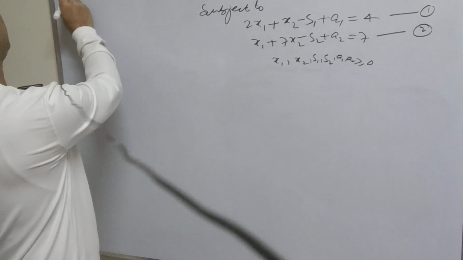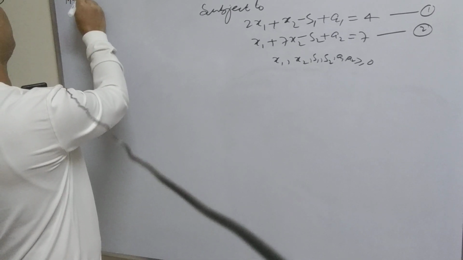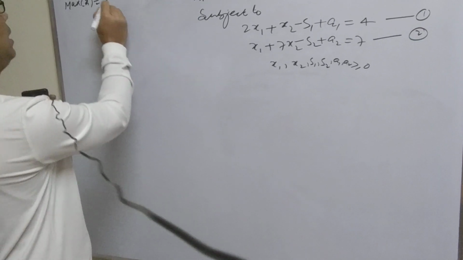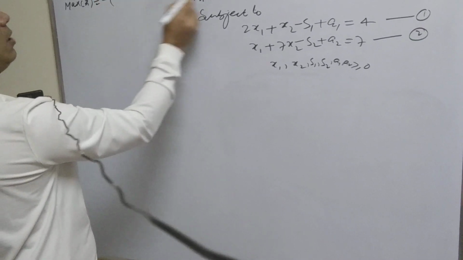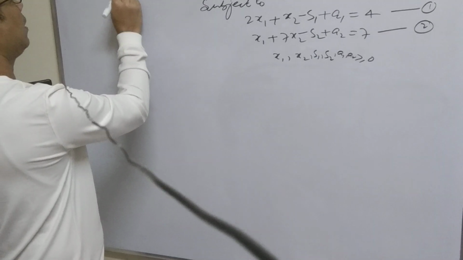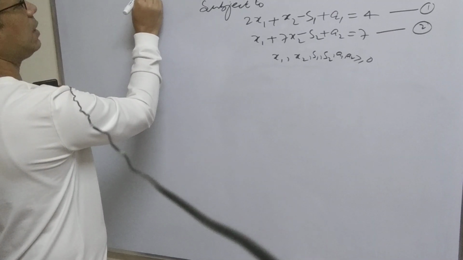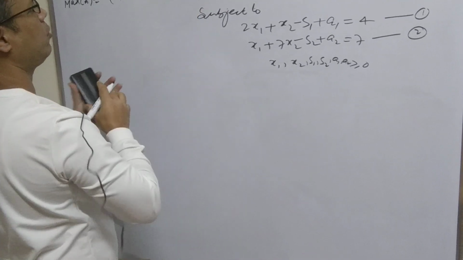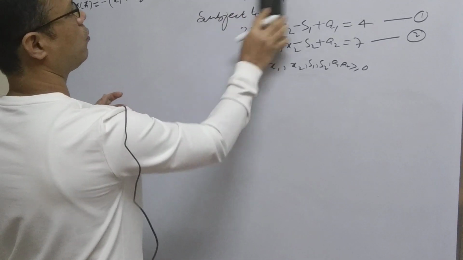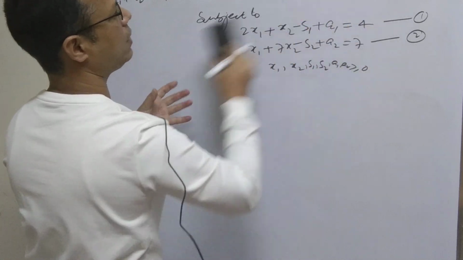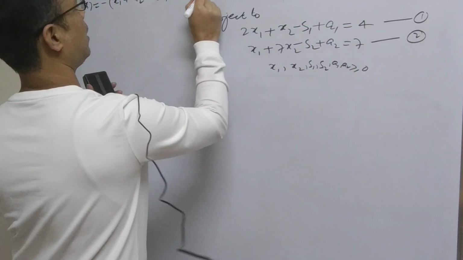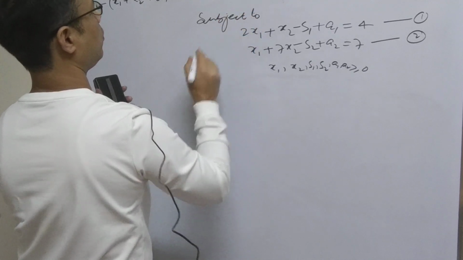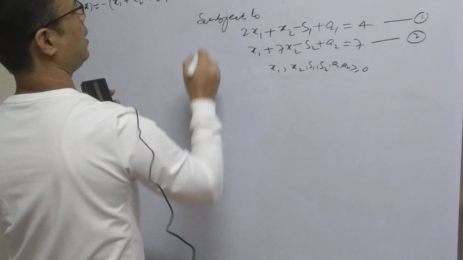Now we need to write in the next form: max z. To change from minimization to maximization, we just put a negative sign on all of these: x1 plus x2 plus 0 s1 plus 0 s2 plus M a1 plus M a2, these two variables a1 and a2.